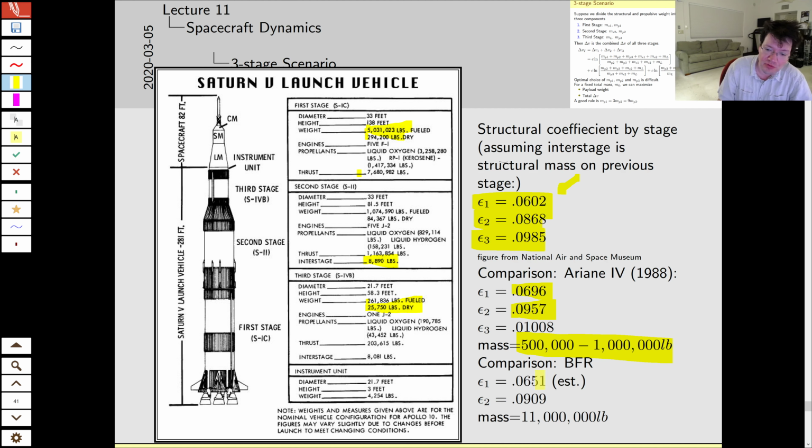Also, I just threw out the BFR, now named the Starship, of course, which is actually worse than the Saturn V. I think that's because it's made of steel or something like that. So it achieves a worse structural coefficient despite being bigger than the Saturn V at 11 million pounds.